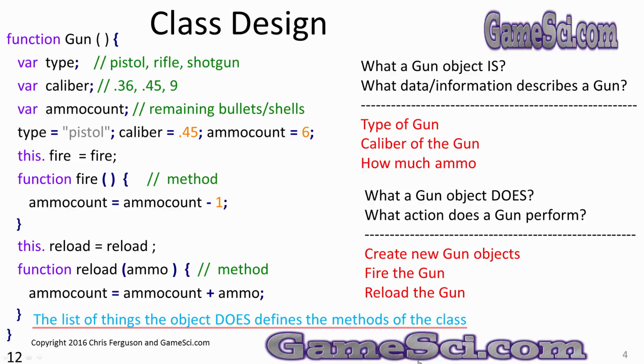Well, we want to be able to create new gun objects, so we need some sort of constructor code. We want to be able to fire the gun, so we need a method to do that. And we want to be able to reload the gun, so we need a method to do that. Also recall the this.reload equals reload. That is so outsiders, people that are using the gun object, can call that method.